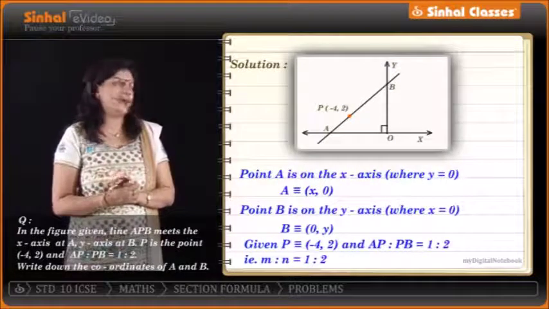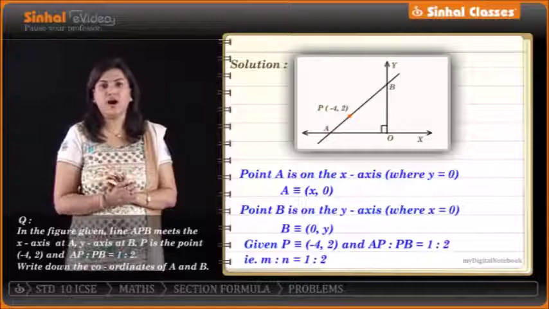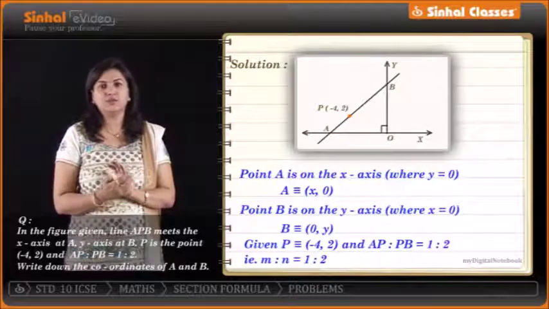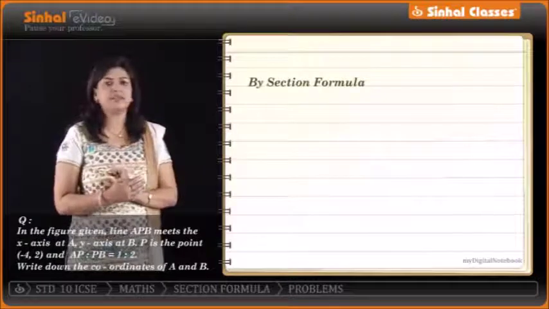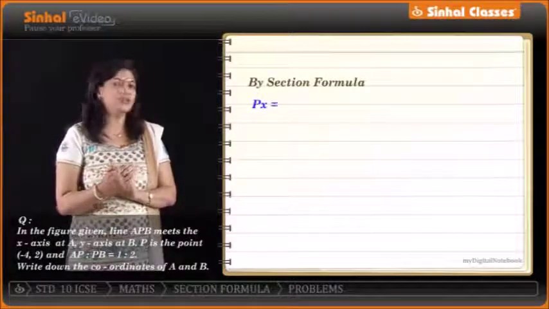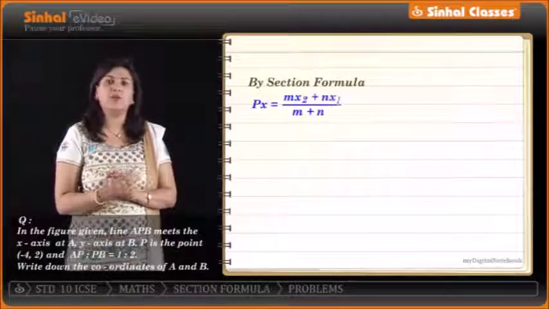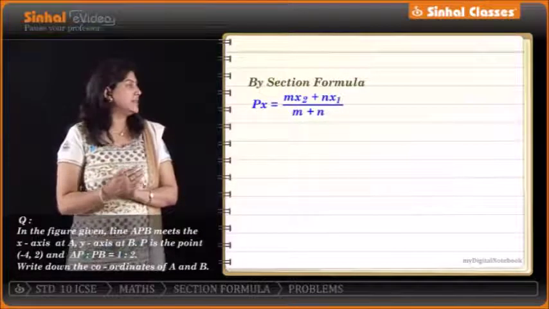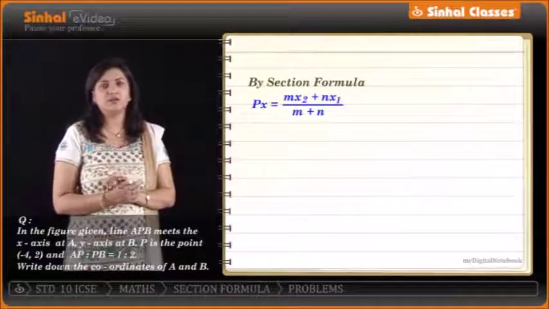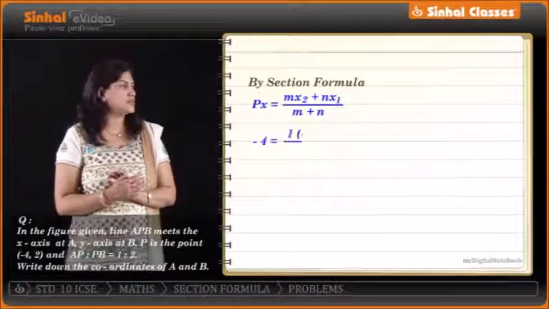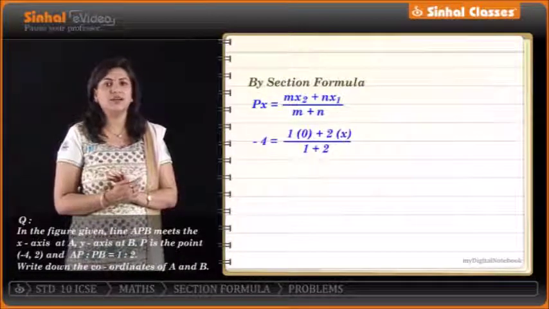Now we want to find x and y. We can do that using the section formula. So we have Px is equal to (mx2 plus nx1) upon (m plus n). That is, -4 equals (1 into 0 plus 2 into x) upon (1 plus 2).